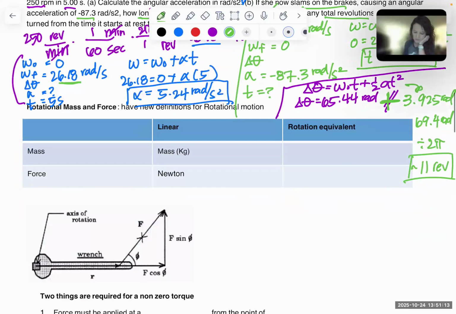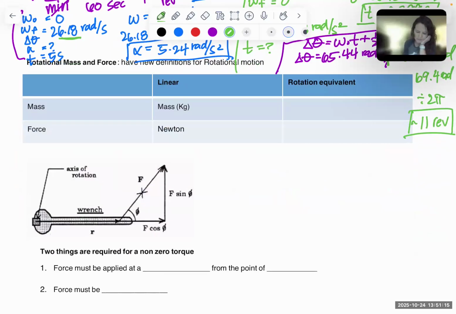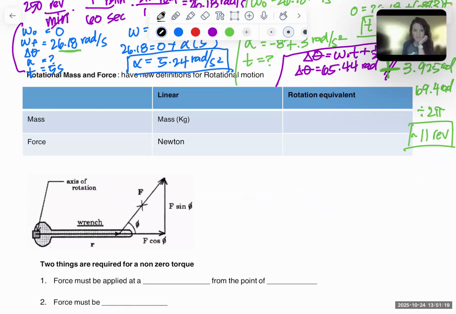Okay, let's move on. Let's go back to black. All right, so rotational mass and force have new definitions for rotational motion. We talked about this a little bit in the beginning. For mass, the rotational equivalent is going to be the moment of inertia, also called rotational inertia.